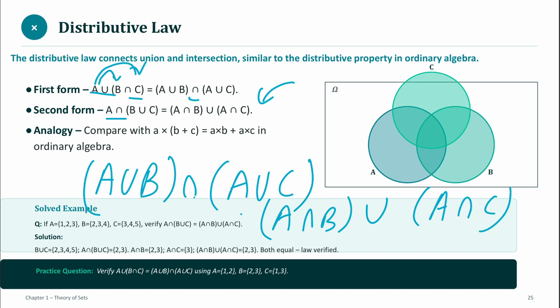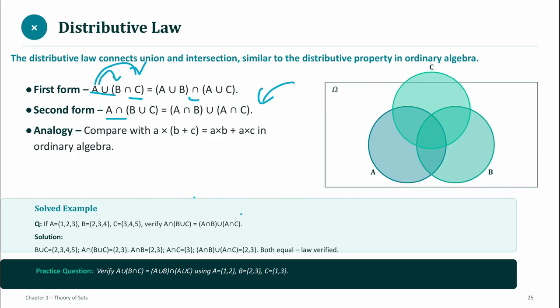You could compare it with the ordinary algebra analogy, which is A times (B plus C) is equal to A times B plus A times C, right? Let us solve this example. If A is equal to {1, 2, 3}, B is equal to {2, 3, 4}, C is equal to {3, 4, 5}, verify A intersection (B union C).